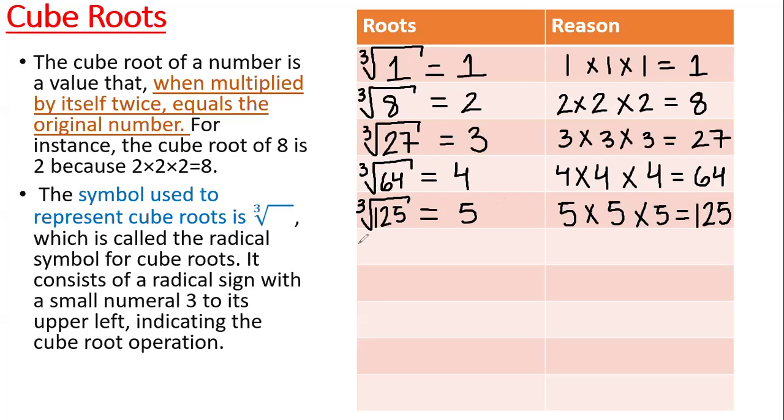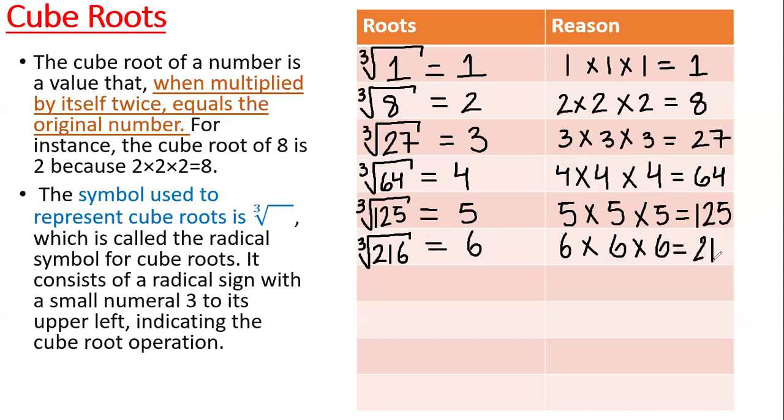All right, so let's do another one. We have the cube root of 216. Very good. Which is 6. Why? How do we know? Because 6 times 6 times 6 is 216.